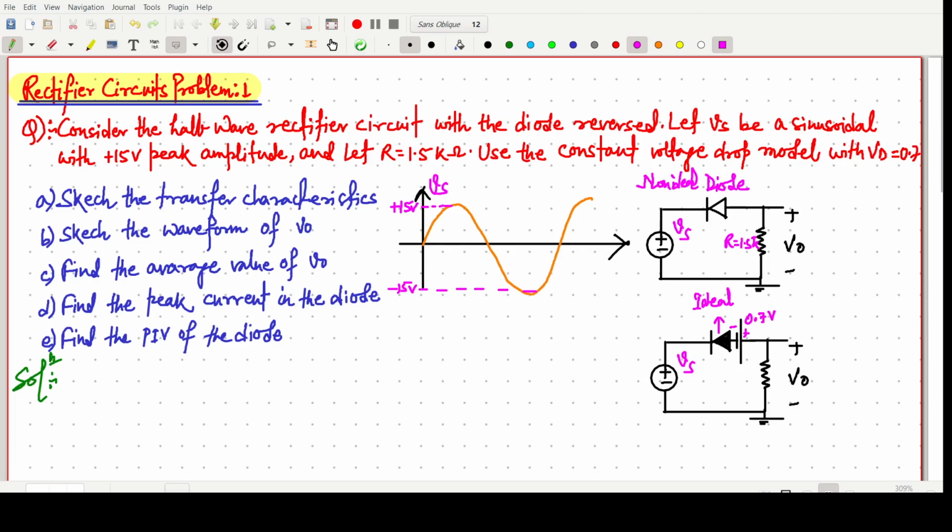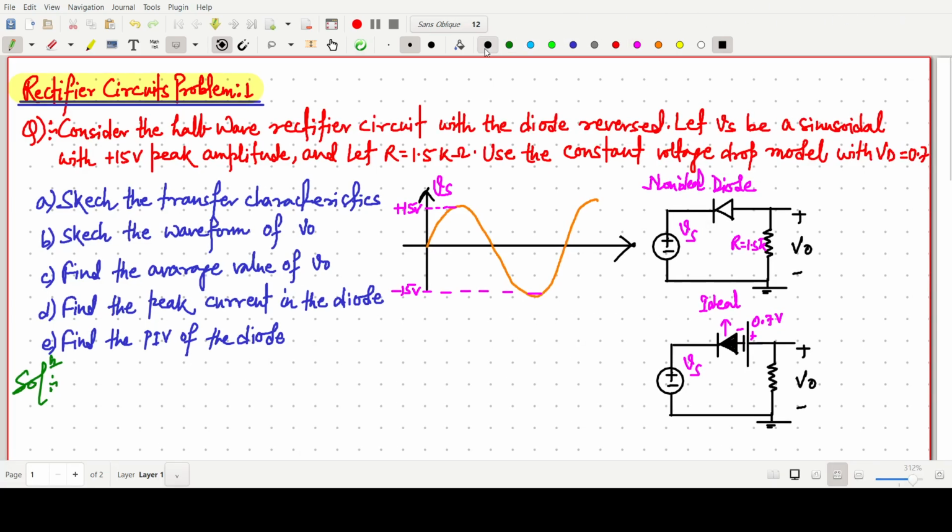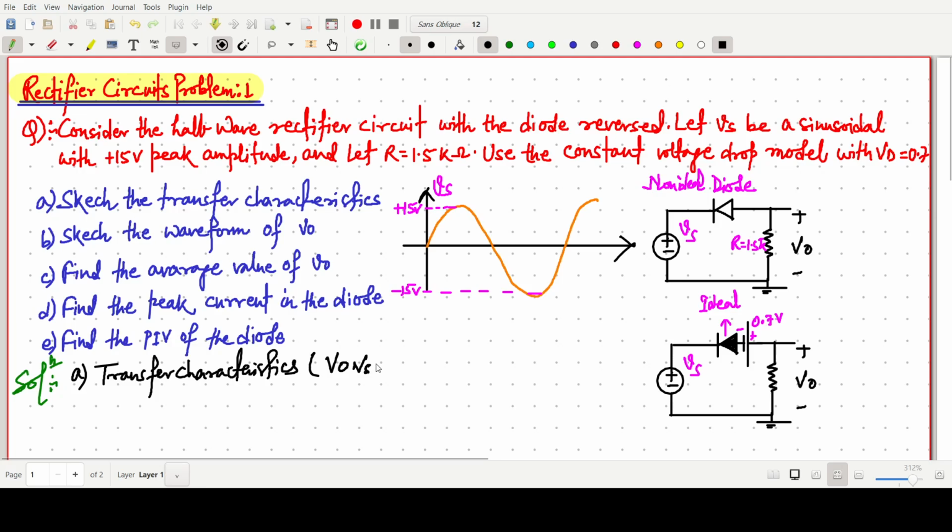First of all, we have to start with the very first part, that is our transfer characteristics. I am just writing transfer characteristics, which is simply our plot between V naught versus Vs. V naught versus Vs gives the transfer characteristics.